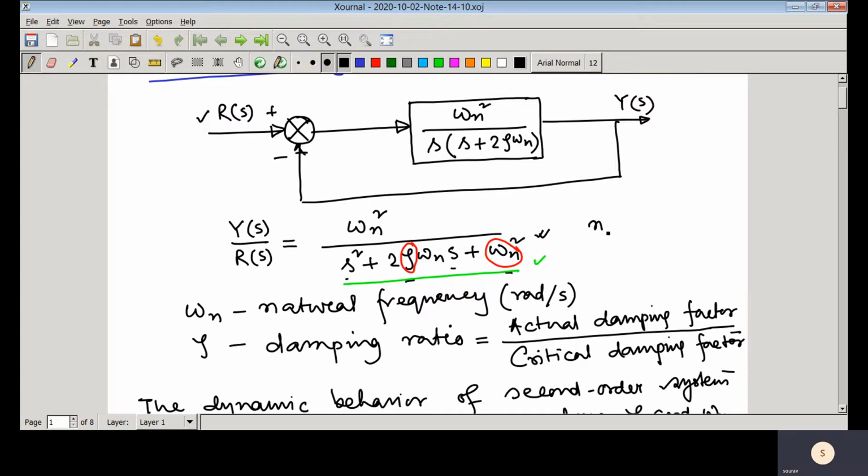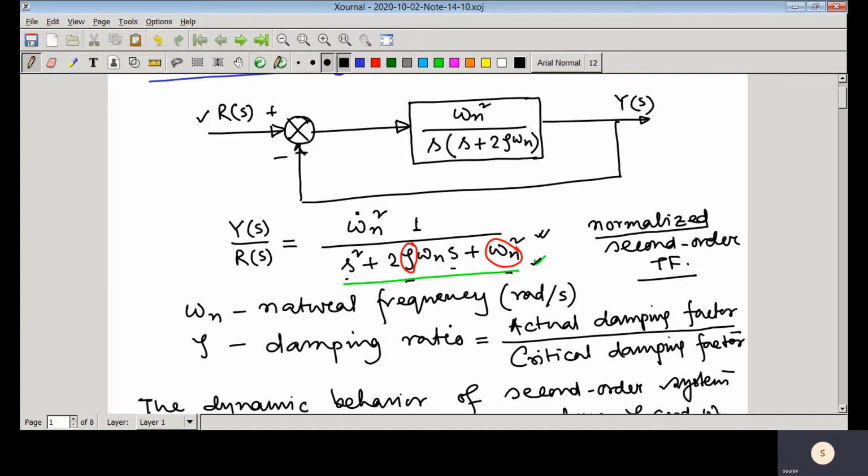That's why this particular form is called the normalized second order transfer function. If I write 1 by this term, then the steady state value would be 1 by omega n square.